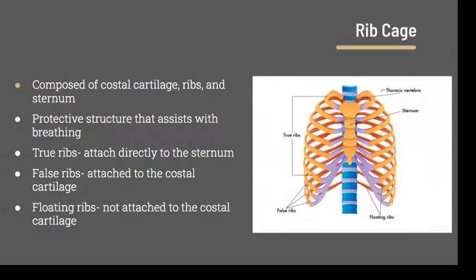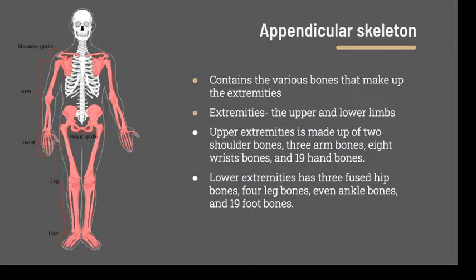So next, let's go into the appendicular skeleton. The appendicular skeleton contains the various bones that make up the extremities. The extremities are defined as the upper and lower limbs.